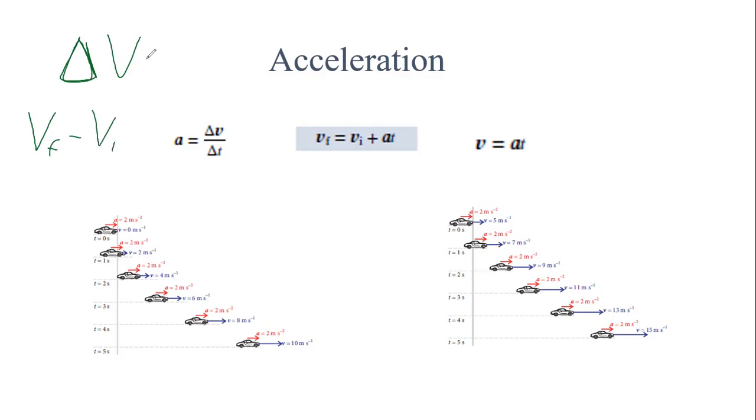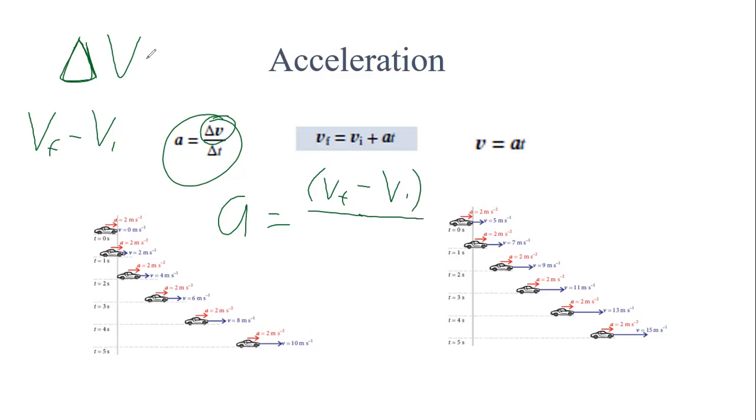So then A equals delta V, V final minus V initial over change in time. So say just time in general, okay?